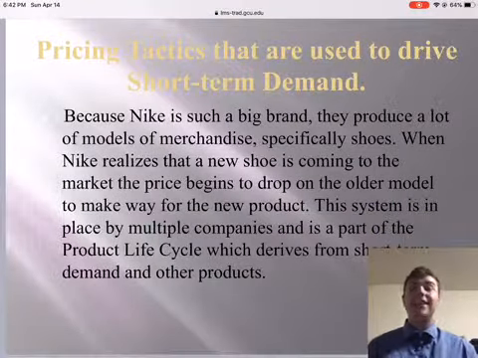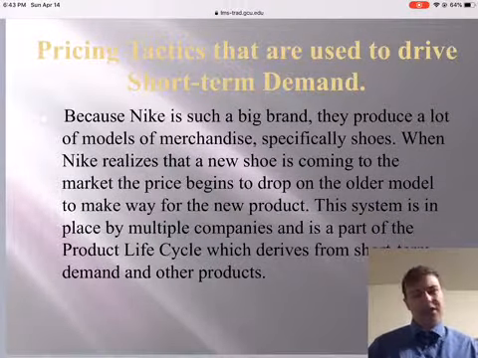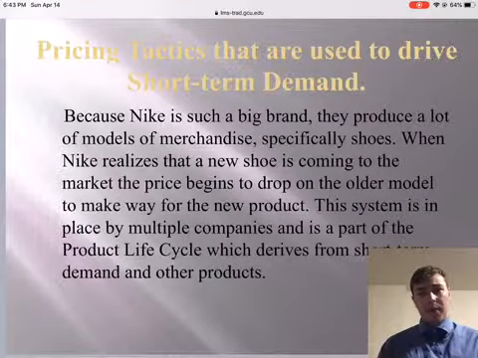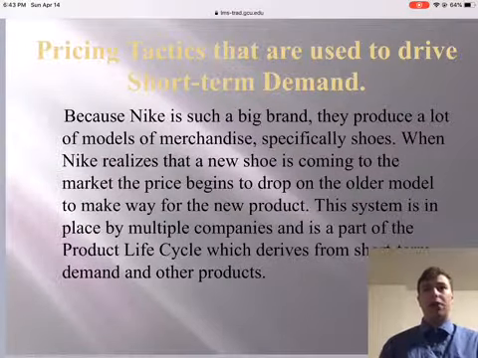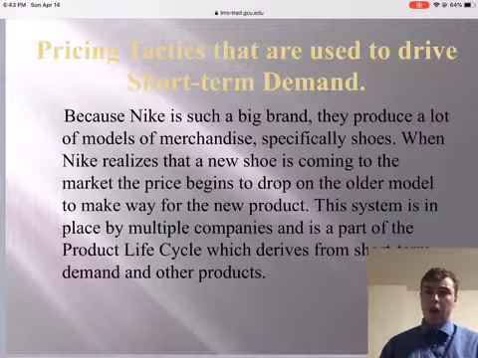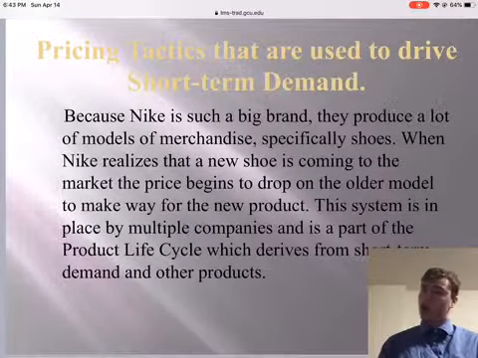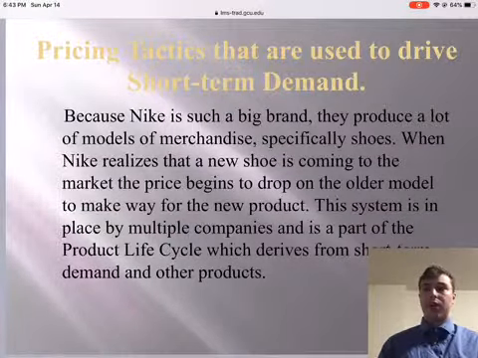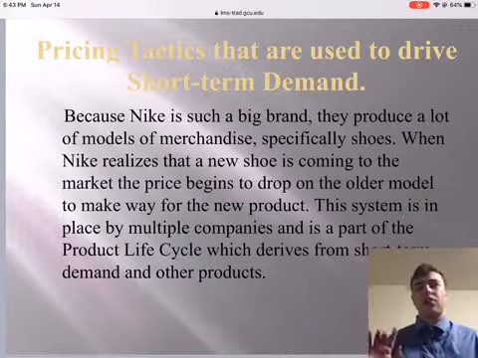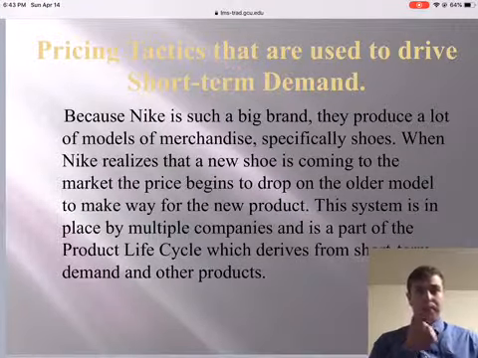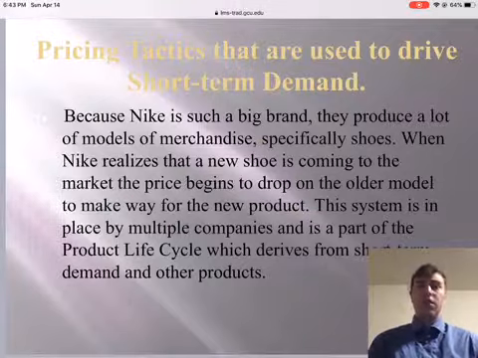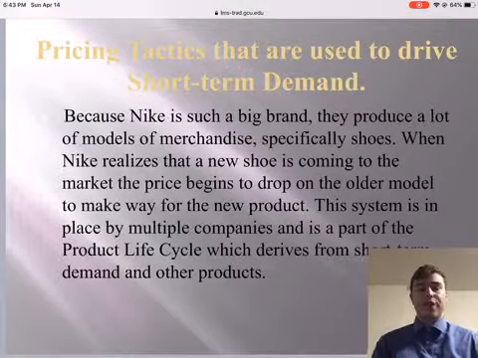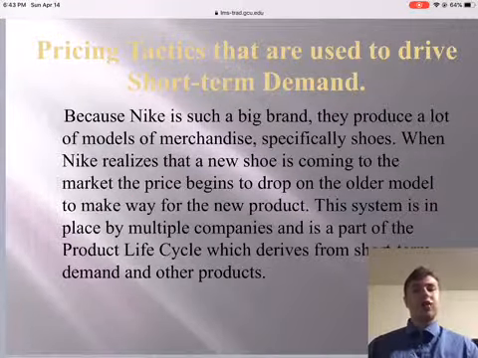Pricing tactics. Nike is massive, so they have products coming out in their product line very quickly. And when a new product is coming out, they will reduce the price of the current product to increase sales on it, and then ship in the new product and bring that into full force. So that's one of the things that drives the short term in the product life cycle.